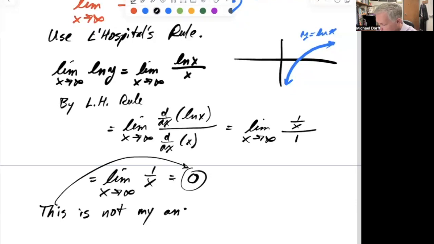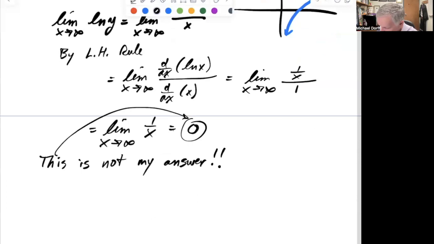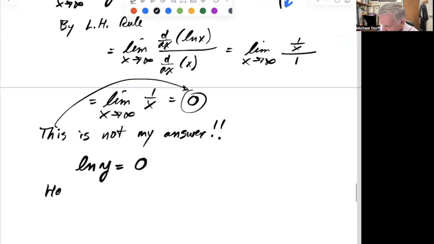Why not? It's not my answer because on the left-hand side, we had natural log of y. So natural log of y equals 0. We didn't have y, we had natural log. We want y. So how do we get y by itself?